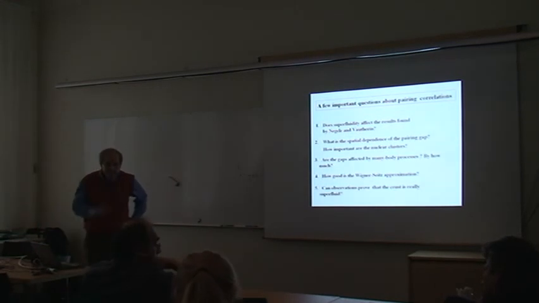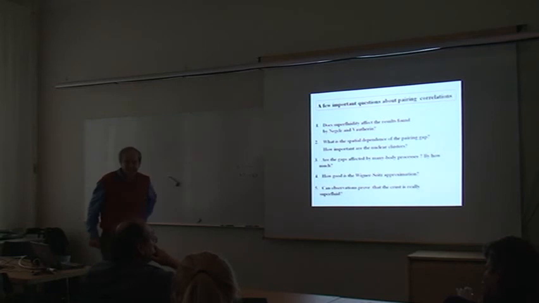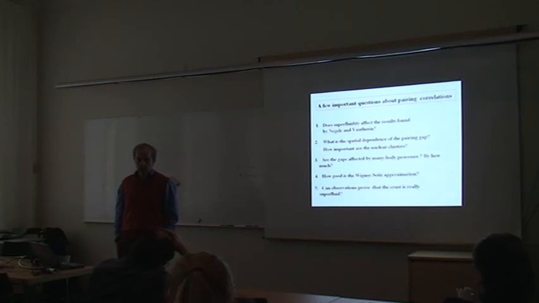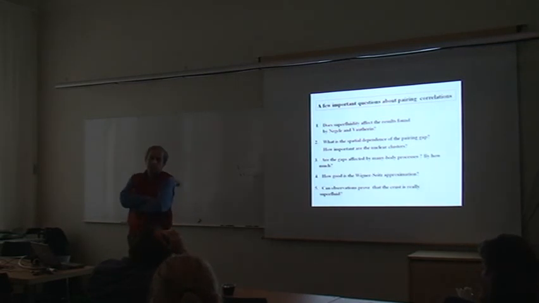About the last question, several of us have discussed this. Can observations prove superfluidity in the crust? I think the work of Ed Brown and Andrew Cumming is probably not proof, but it's very suggestive.